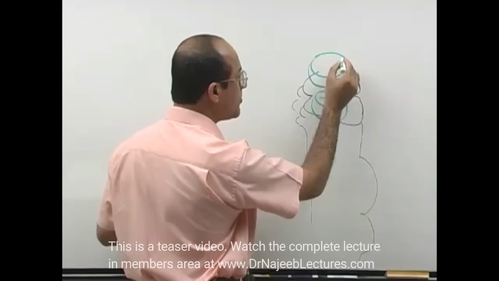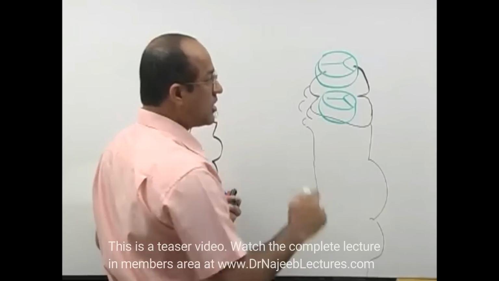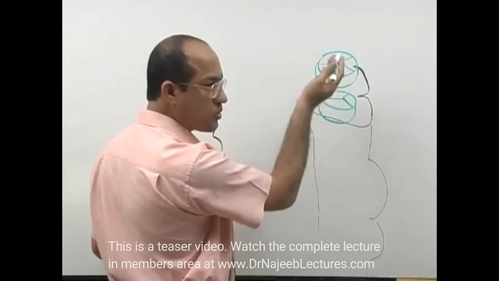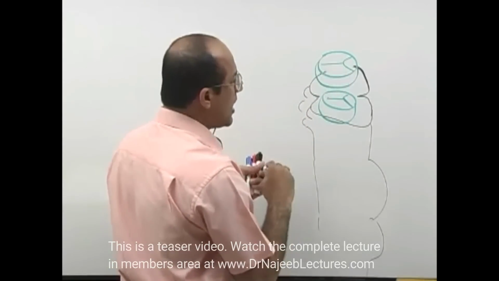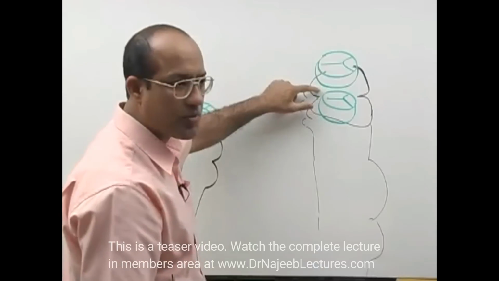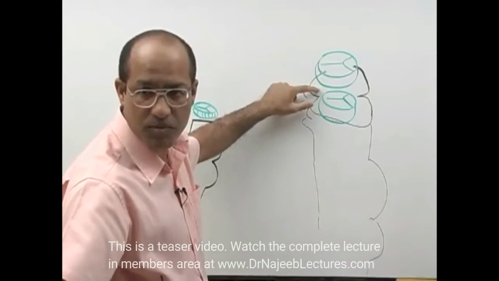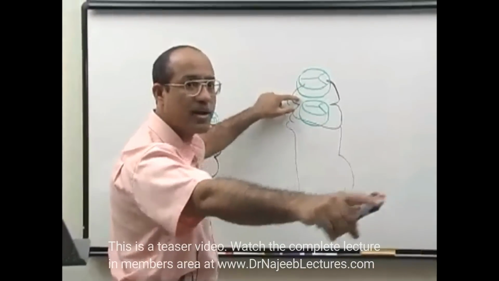These are called thalami. So how many thalami are there? There are two thalami superior to the midbrain. Now, in between the thalami, what is the structure present? Anyone?